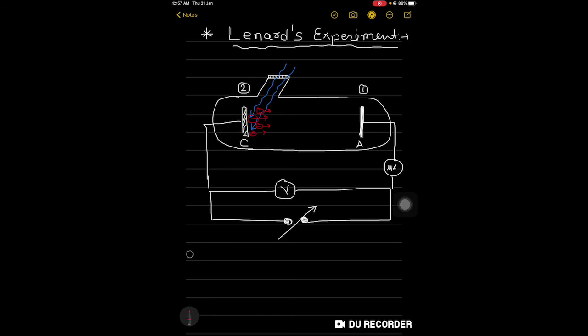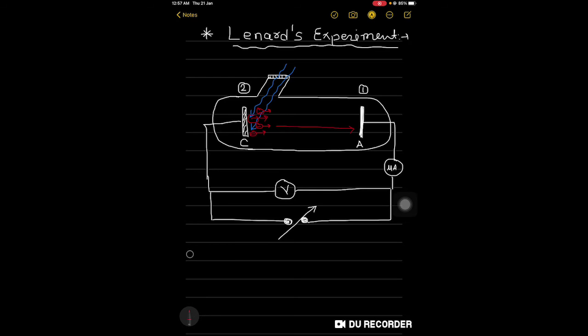Now when electrons were emitted from the surface, Lenard had initially made this plate A positive. So obviously the electrons, which have negative nature, will be attracted towards the rod A and they will move in this direction.